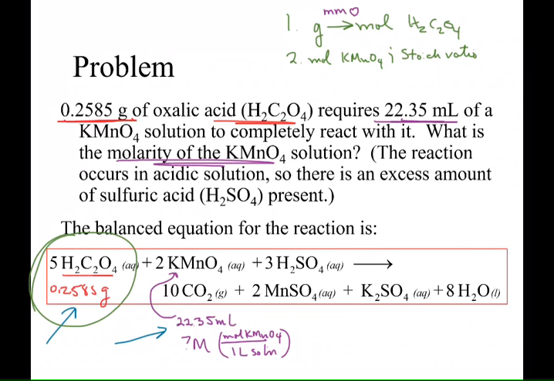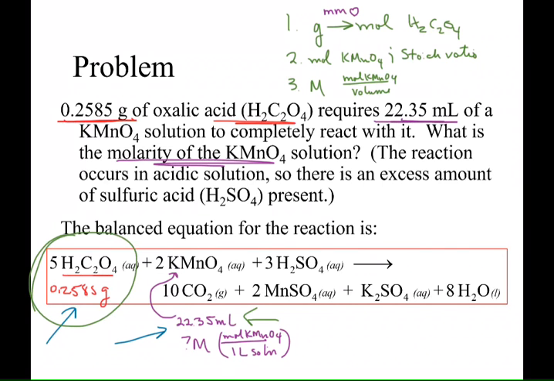Once we have the stoichiometric ratio, in this case we're after molarity, which again, this last step is kind of different for each of these calculations. We can get to molarity simply by taking those moles of KMnO4 that we got from step 2 and dividing by the volume, which in this case was conveniently just 22.35 milliliters.